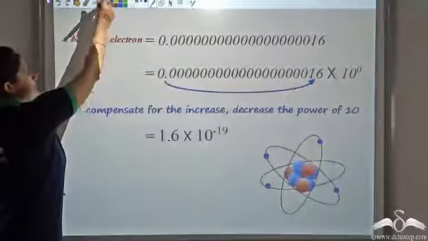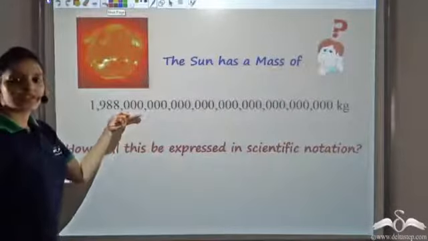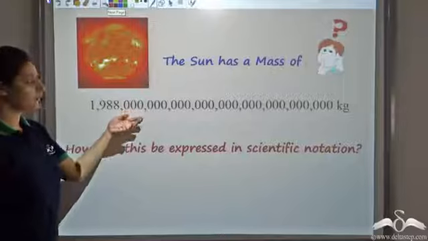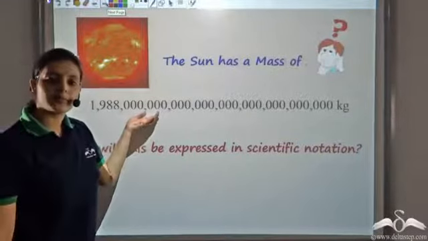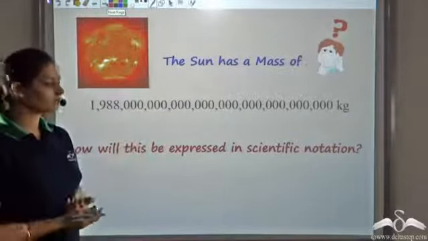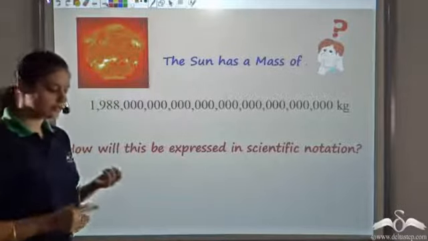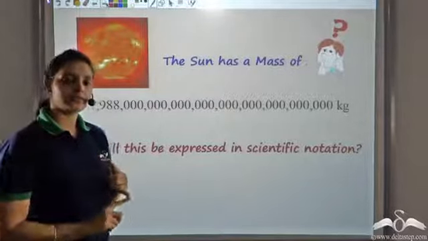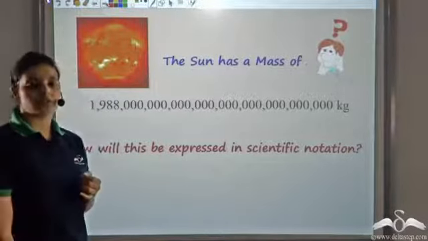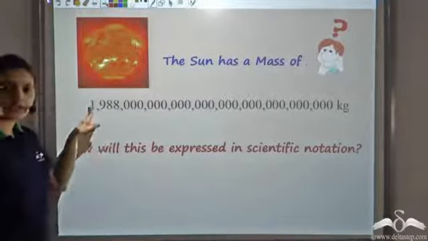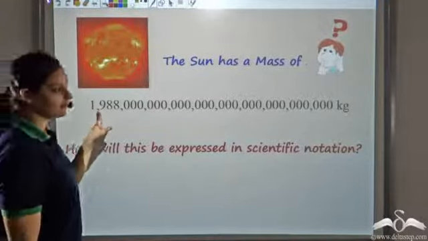So now can you express this number, which is the mass of the sun, as scientific notation now? Let us see. What I need to do is first place the decimal immediately next to the first non-zero digit. First non-zero digit, I need the decimal here.